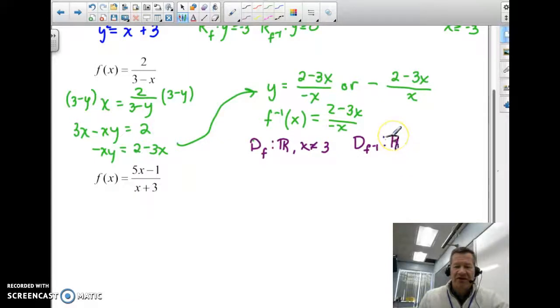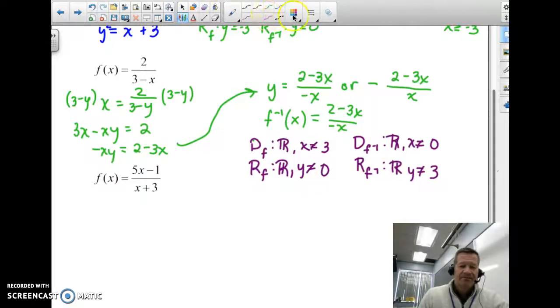So that's all real numbers except x cannot be 0. Simply switching those domains and making them the range of each inverse, here x can't be 3, so the range of this one is that y can't be 3. Here x can't be 0, so in f, y cannot be 0.